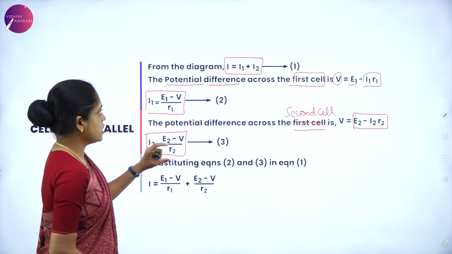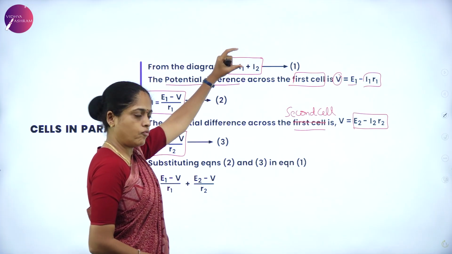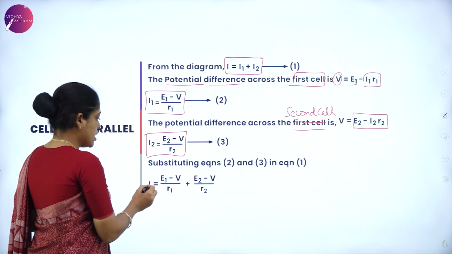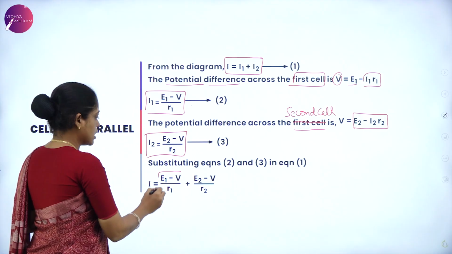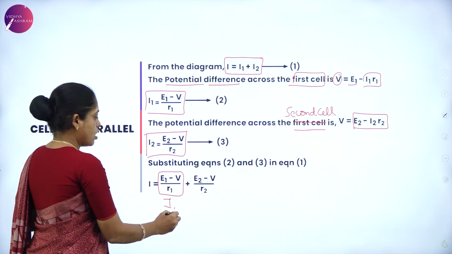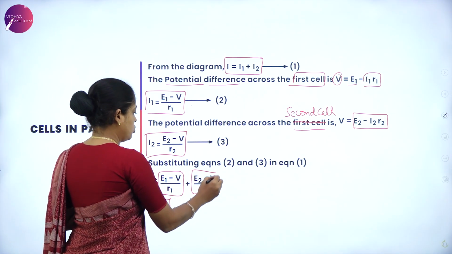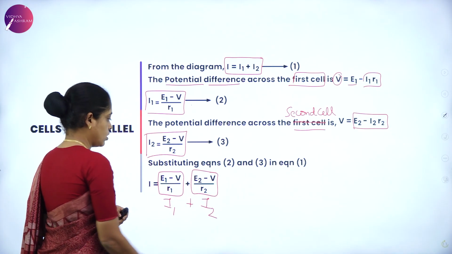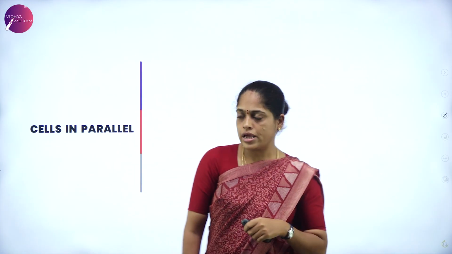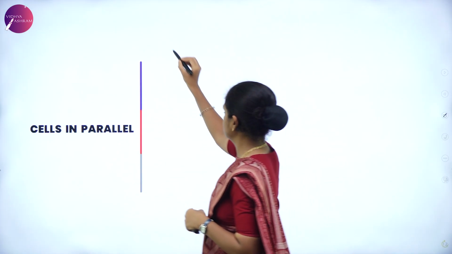Equations 2 and 3, let us substitute in equation 1. Then I is equal to, this is I1 plus this is I2. Now let us simplify this.